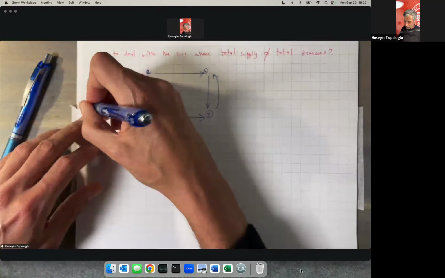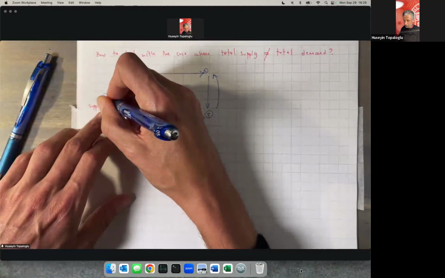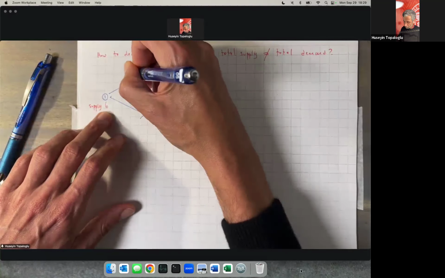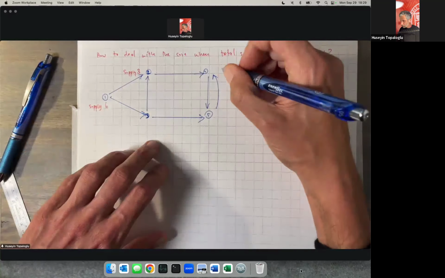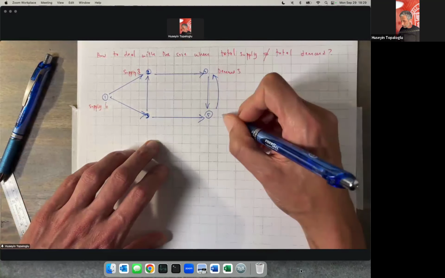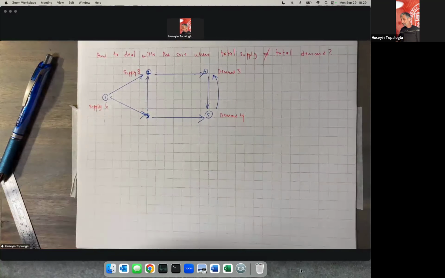Let's now put a supply of 6 units in node 1. Let's put a supply of 3 units in node 2. Let's put a demand of 3 units in node 4. And let's put a demand of 4 units in node 5.